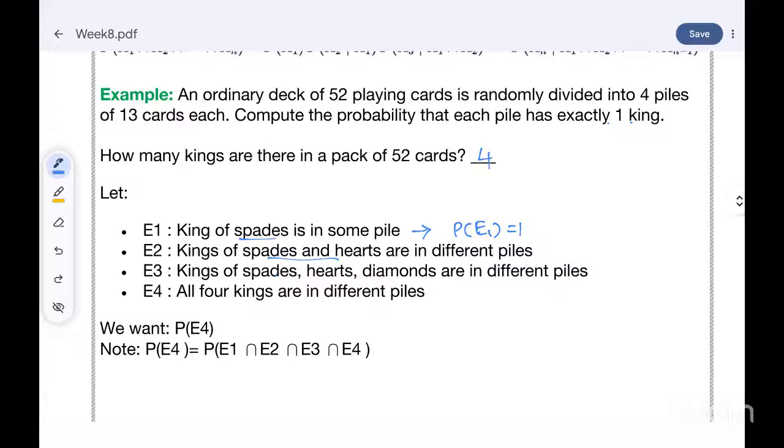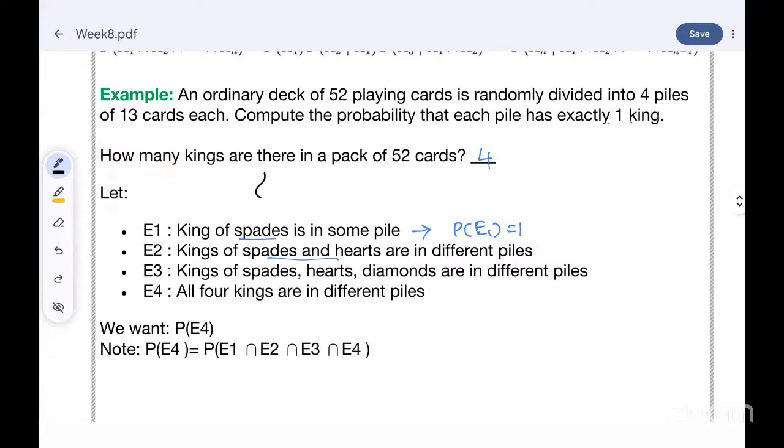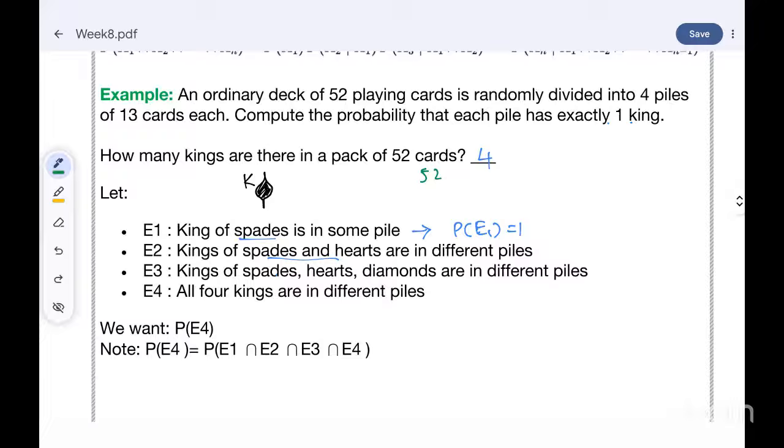Ma'am, please explain event 1 again. Yes. So now you have the king of spade. Now you have totally 4 piles. So the 52 cards are divided into 4 piles. Pile 1, pile 2, pile 3, pile 4.